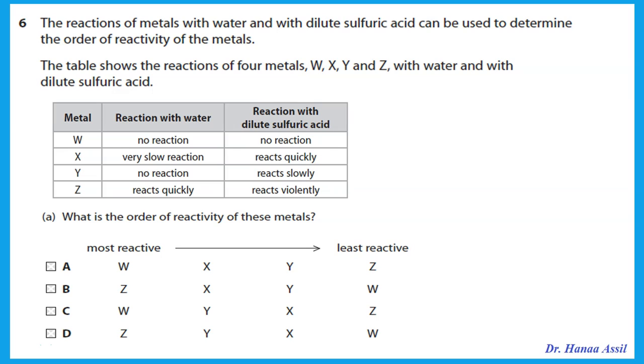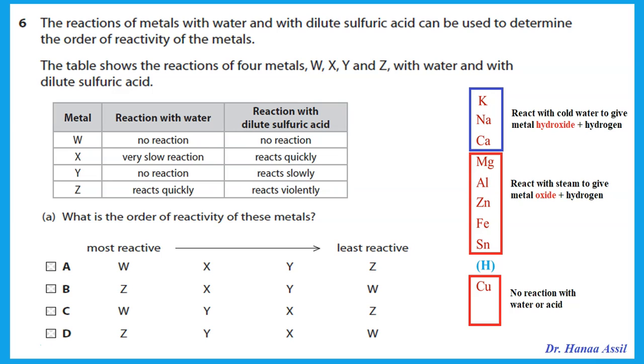Question 6 says the reactions of metals with water and with dilute sulfuric acid can be used to determine the order of reactivity. So the table shows reactions of 4 metals with water and sulfuric acid, and we are required to show the order of reactivity of these metals. Again, remember that in the electrochemical series or the reactivity series, the ones at the top are the more reactive.